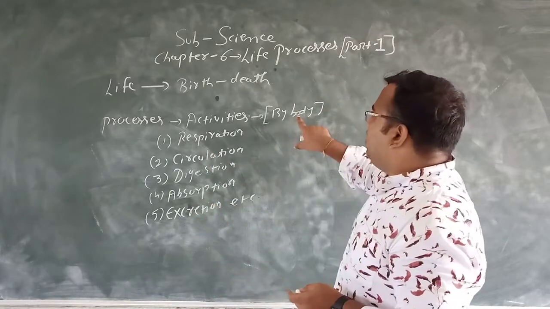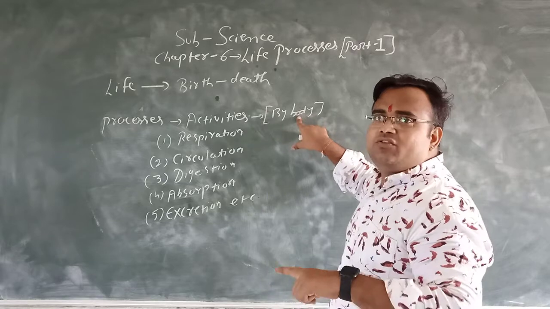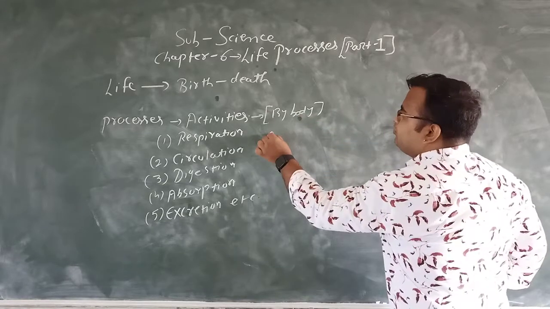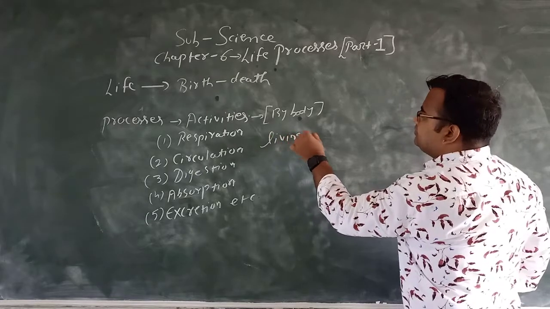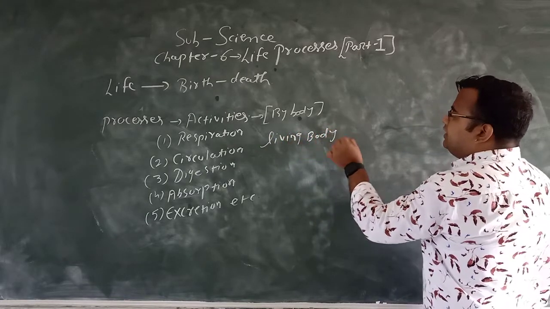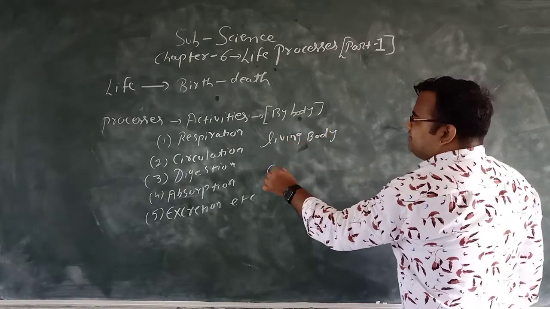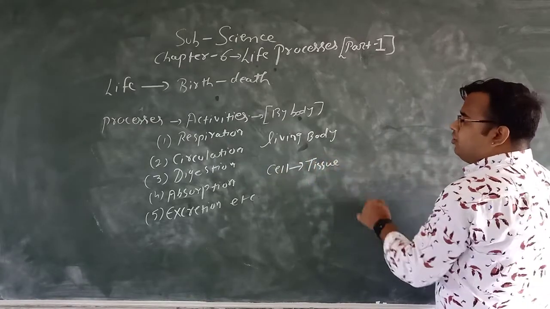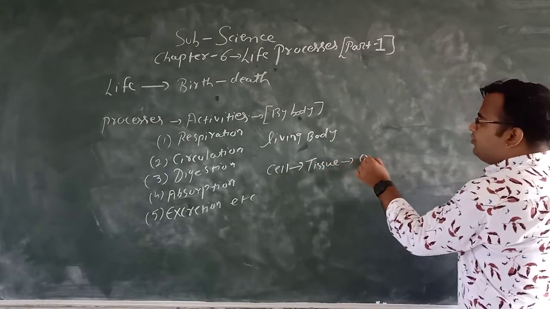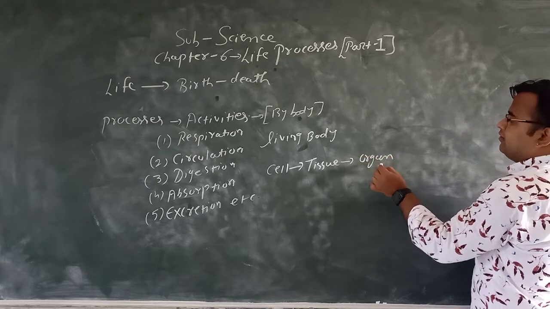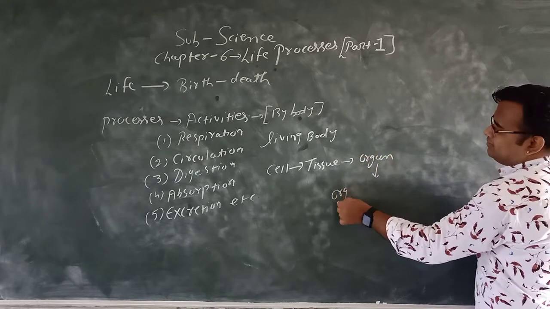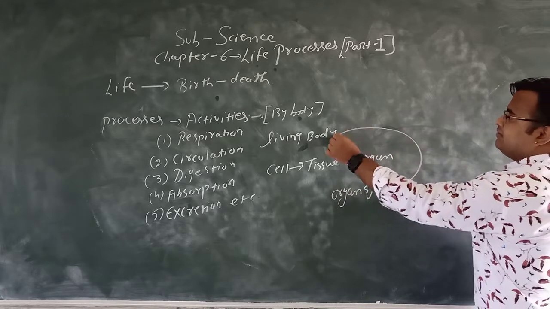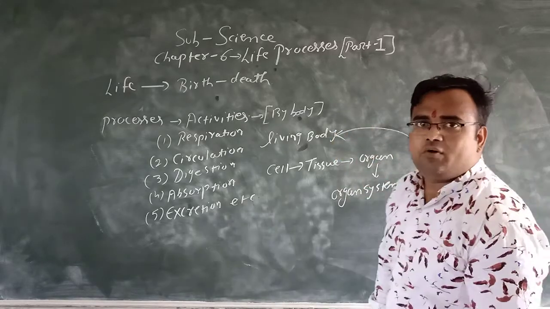Now, as we know, in class 9 you have already studied the living body: first cell forms tissue, tissue forms organ, organ forms organ system, and from all the organ systems our body is formed.